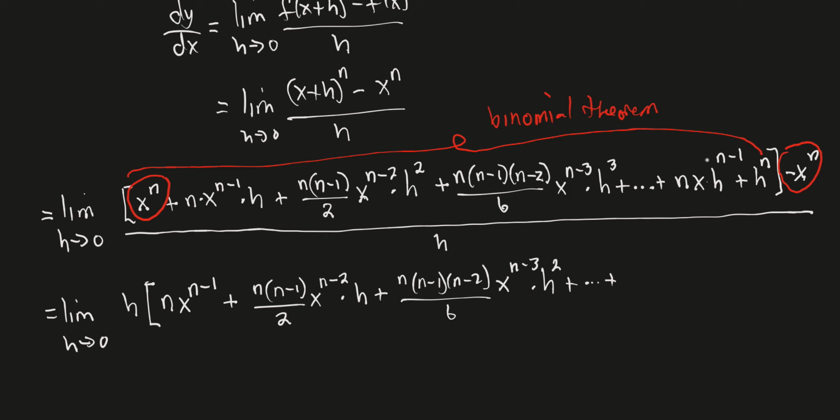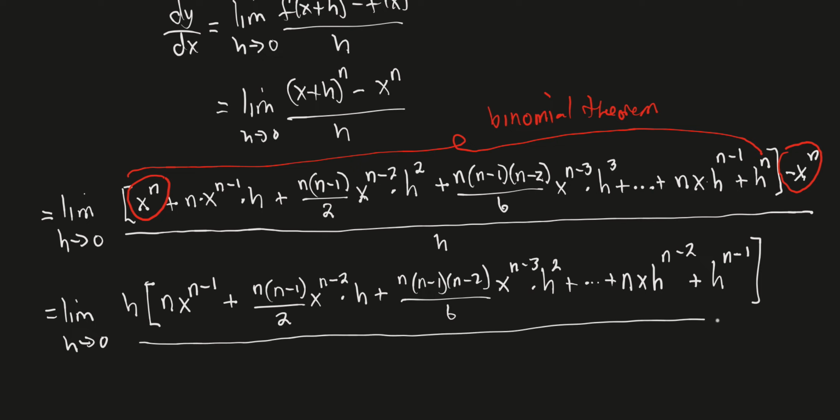If I subtract 1 from n minus 1, I'm going to have h to the n minus 2. So the n is still there, and then we have an x, and then we have h to the n minus 2. And then finally, when I factor out an h from this term, again, I have to subtract 1 from that exponent. So I have h to the n minus 1. And all of that is in square brackets. And this is all over h.